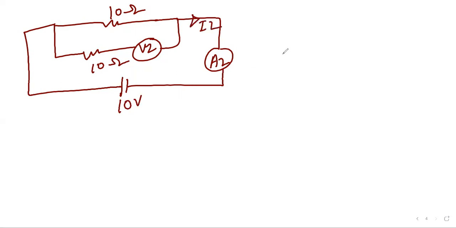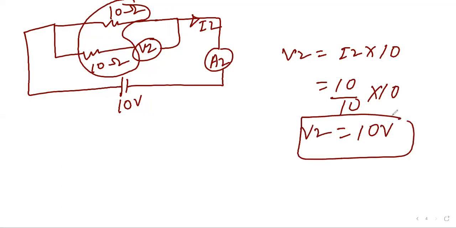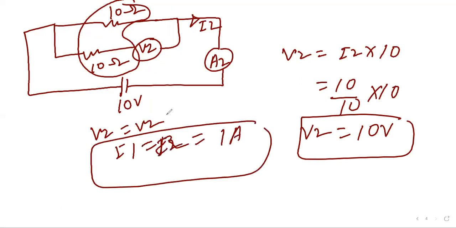So calculate V2 equal to I2 into 10. How will you calculate I2? It is also 10 by 10, the equivalent of these two is also 10, so it is 10 by 10 into 10, coming out to be 10 volts. So V1 is equal to V2, and I1 is also equal to I2. It is 1 ampere only. So write it down. It was also asked in NEET 2019.